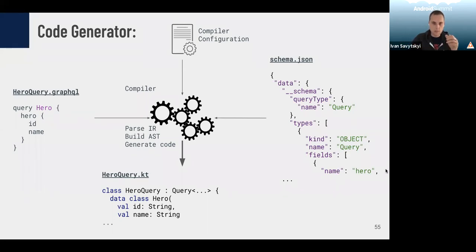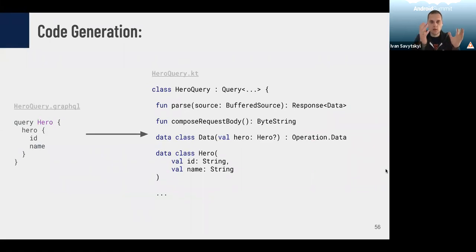To simplify, you have a GraphQL query, and for that GraphQL query, we are generating a model that represents that query, and also a model that represents a response for that query. So as you can see, we are generating a data, and we're generating a hero that contains the type safe and nullable safe fields that you requested, so ID and name. So this is a JVM version of the generated Kotlin model.